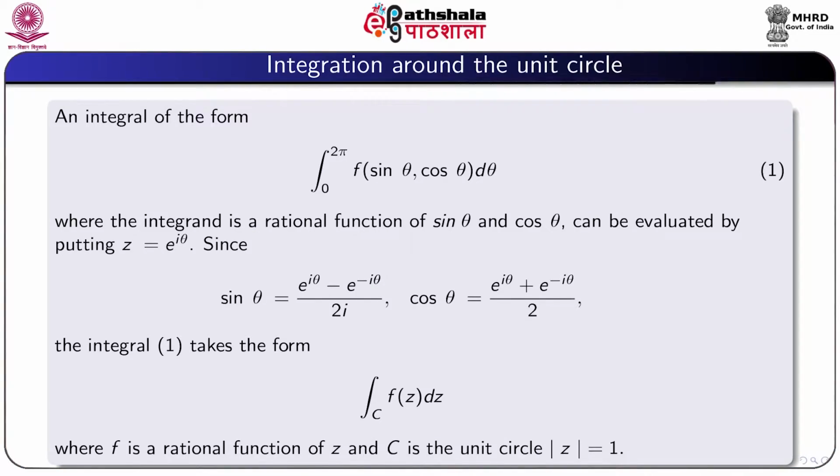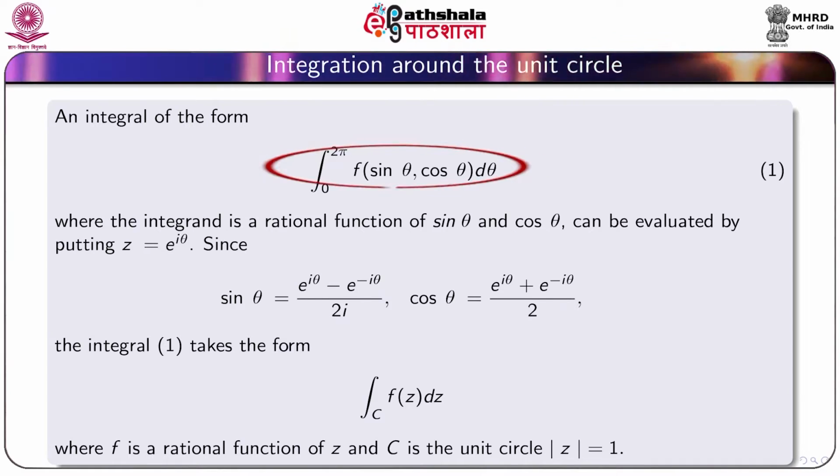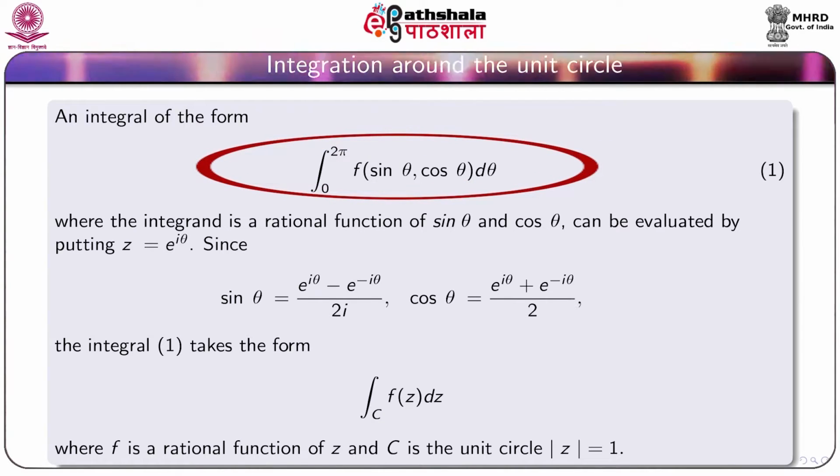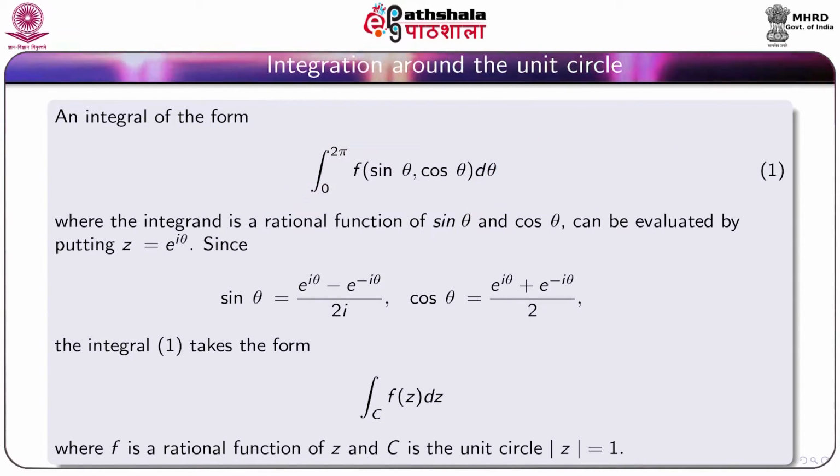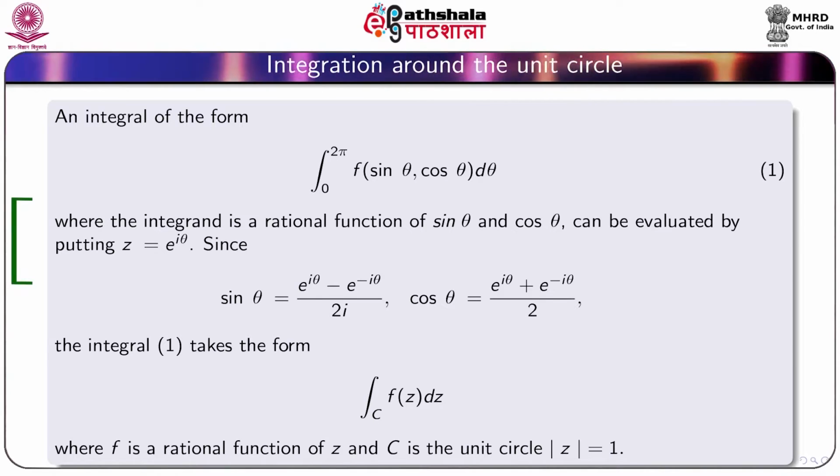We now go to our presentation. So now we discuss integration around the unit circle. An integral of the form integral 0 to 2 pi f of sin theta, cos theta d theta, where the integrand is a rational function of sin theta and cos theta, can be evaluated by putting z equal to e^(i theta).